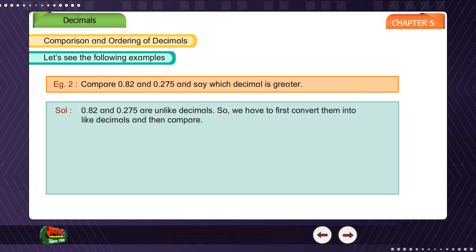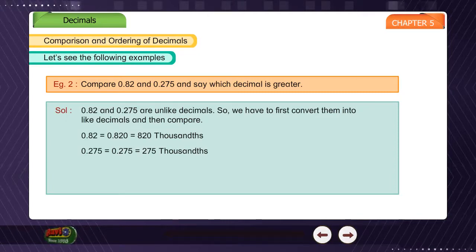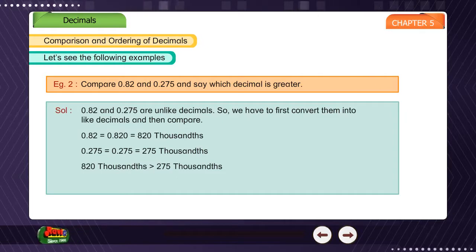So, we have to convert them into like decimals and then compare. 0.82 is equal to 0.820 is equal to 820 thousandths. 0.275 is equal to 275 thousandths. 820 thousandths is greater than 275 thousandths. So 0.82 is greater than 0.275.